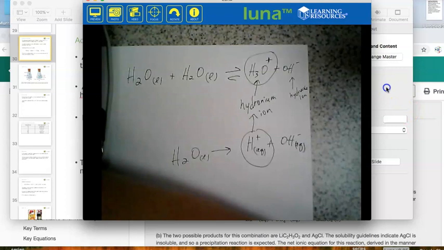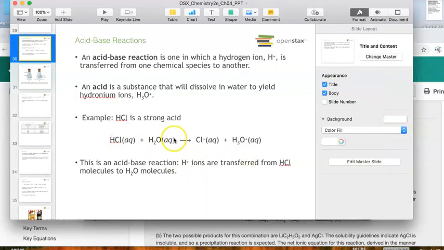With strong acids, you notice there is a single arrow because there is 100% completion with this reaction. That's why we refer to the acid as a strong acid. A strong acid will basically dissociate 100%. The hydrogen ions are transferred from hydrochloric acid molecules to water molecules, creating the hydronium ion.